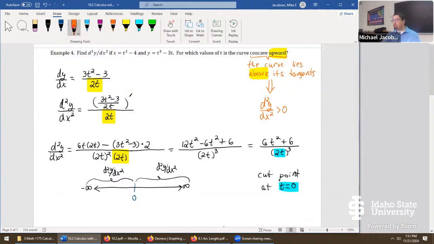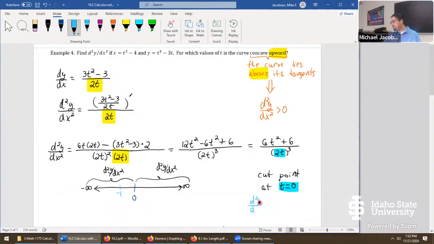The way we do it at this point, pretty much this is one big algebra review for solving inequalities with rational functions. Once we find all the cut points from setting either the numerator to 0 or the denominator to 0, collecting all the values, you come over here and just grab the most convenient test point. Looks like it'd be a -1. Feed it into the second derivative and take a look at the sign.